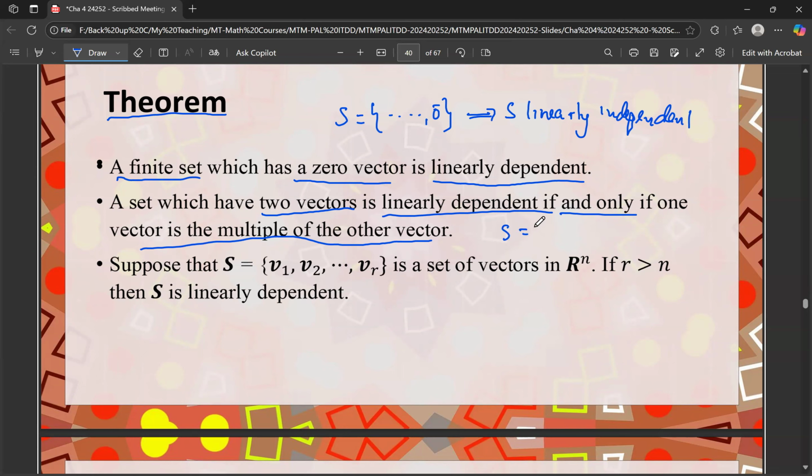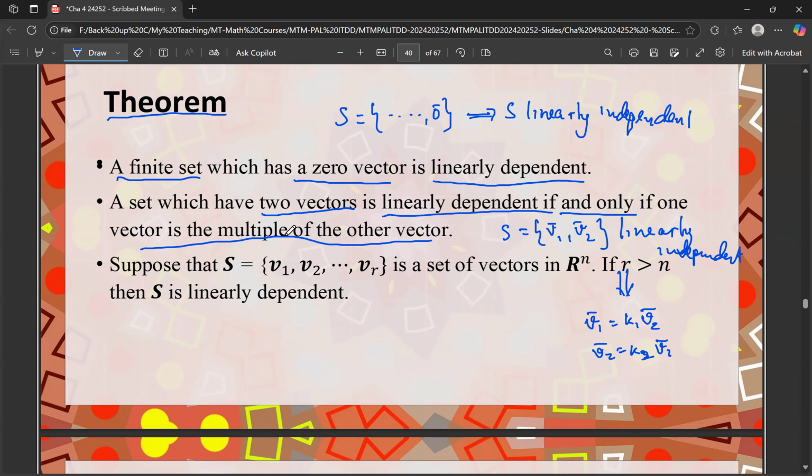So this is easy to show. If you have only two vectors in set S and they are linearly dependent, then V1 must be a scalar multiple of V2, and also V2 will be a scalar multiple of V1.